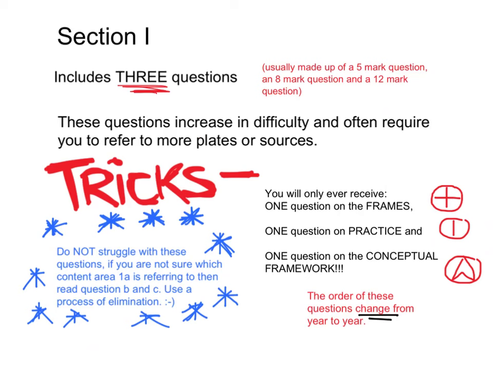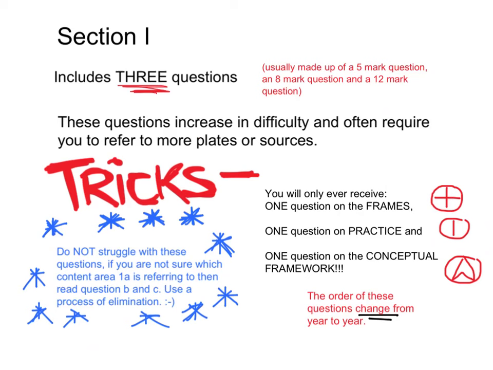Now, Section 1 of a visual arts exam includes 3 questions. Usually this is made up of a 5-mark question, an 8-mark question and a 12-mark question. Now, there have been times when this has varied, but this is most often the case. These questions obviously increase in difficulty and they often require you to refer to more plates or sources.